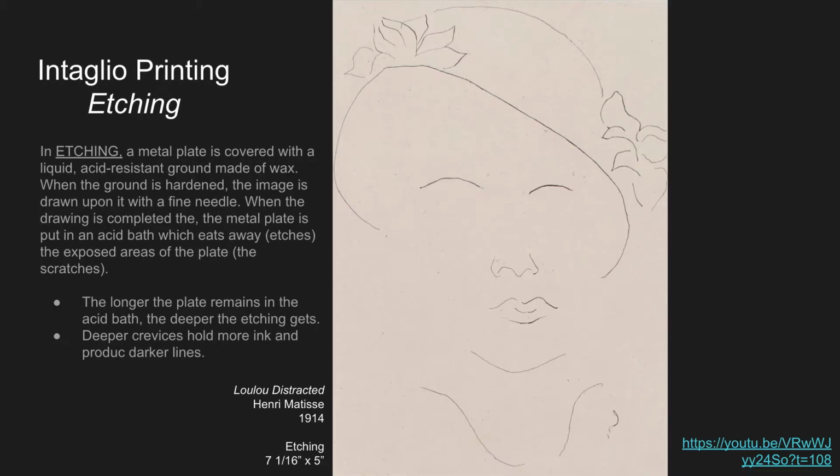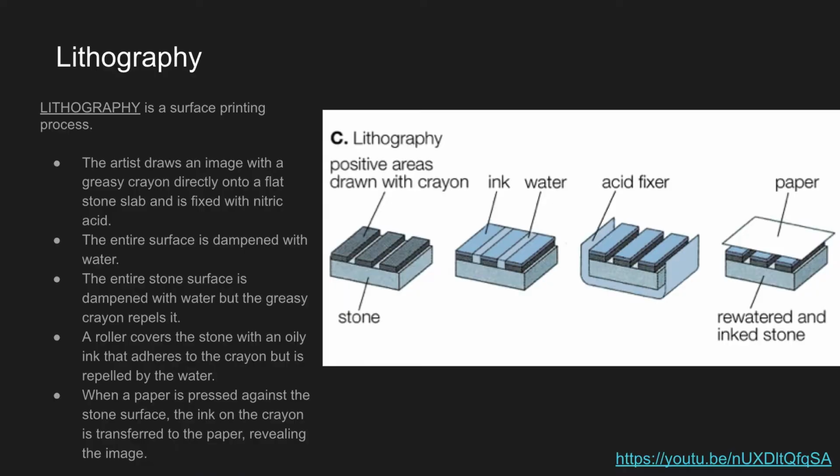All right, let's shift our thinking a little bit, and we're going to talk about lithography. Lithography is a surface printing process. In this, the artist draws an image with a greasy crayon directly onto a flat stone slab and is fixed with nitric acid.